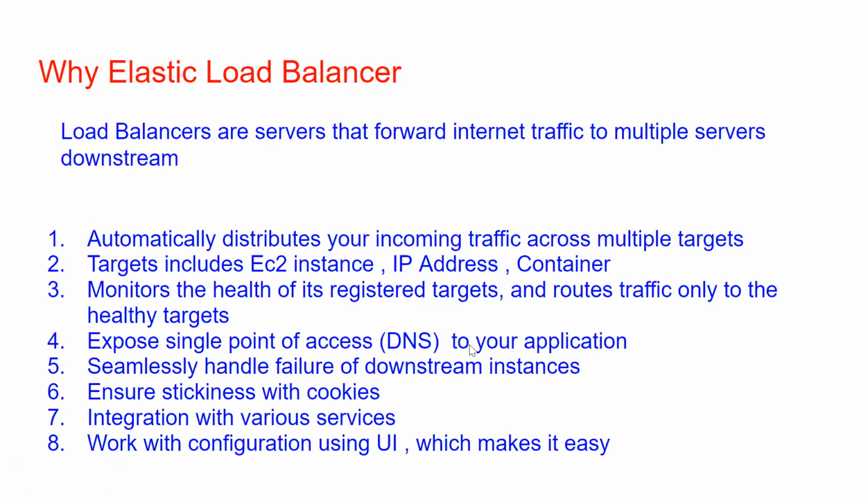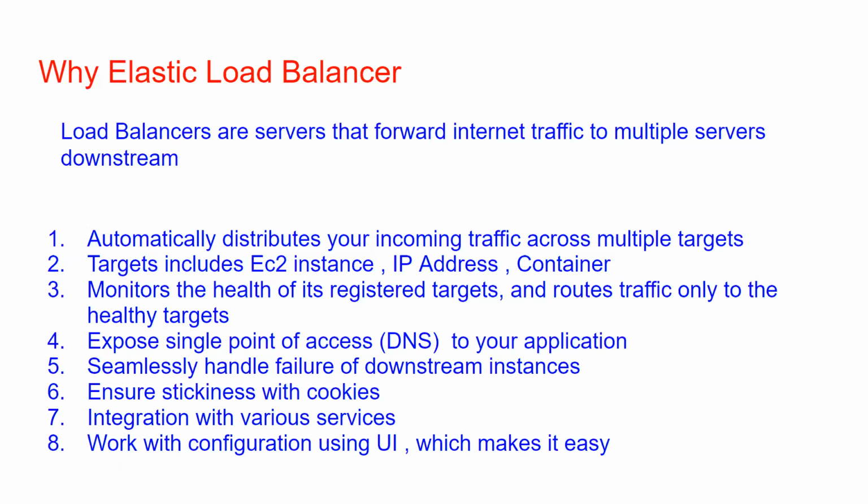What do we mean by this? If anybody wants to access your application, whenever I go to google.com, it would be mapped to the load balancer, and the load balancer would take care of distributing the traffic. It ensures stickiness with cookies, which means that with the help of elastic load balancer, you can ensure that your traffic is always routed to a particular server.